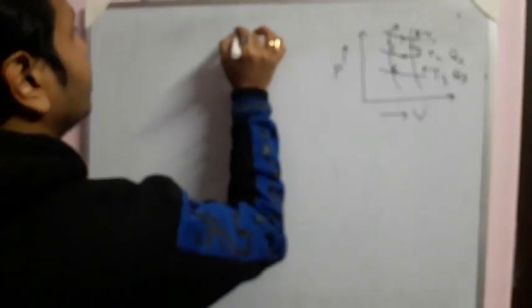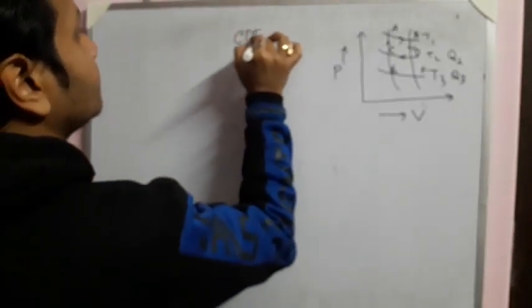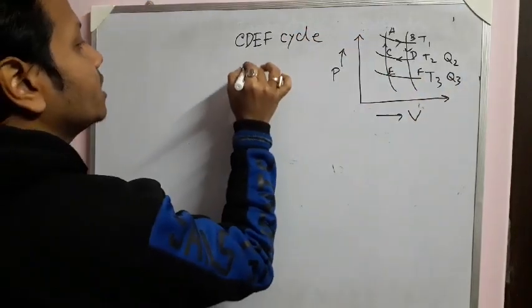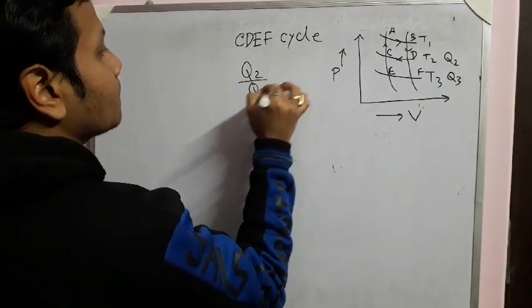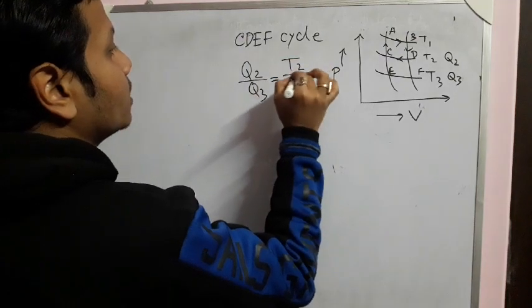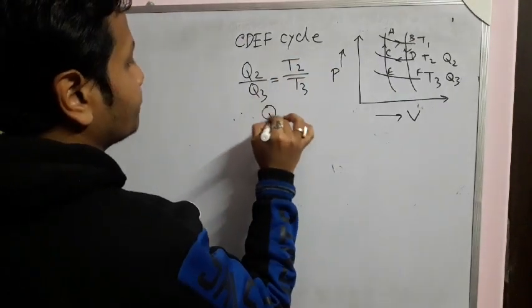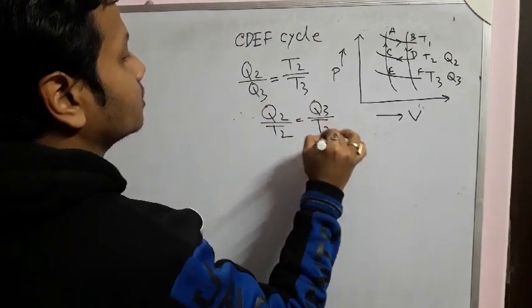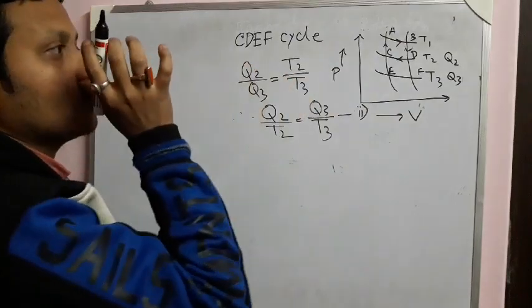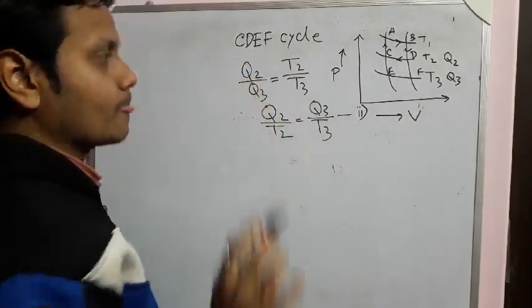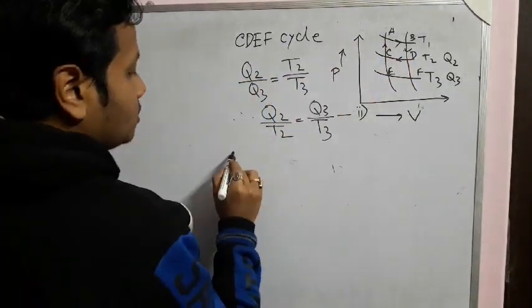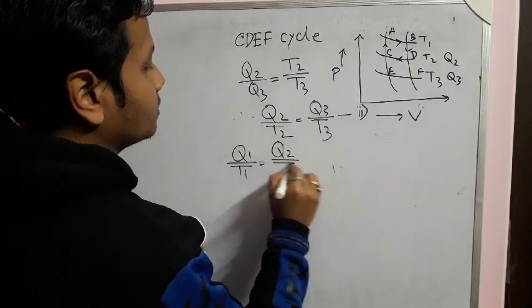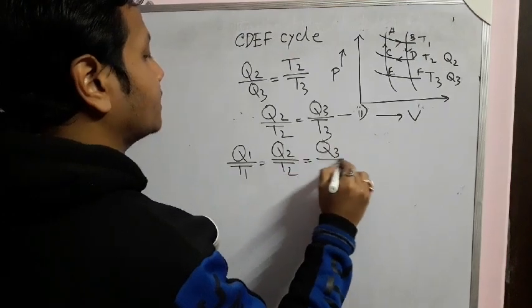For the CDEF cycle, similarly we can write Q2 by Q3 equals T2 by T3, from which Q2 upon T2 equals Q3 upon T3. Give it a name, say 2. So what we conclude from these two diagrams is that Q1 upon T1 equals Q2 upon T2 equals Q3 upon T3, which remains constant.